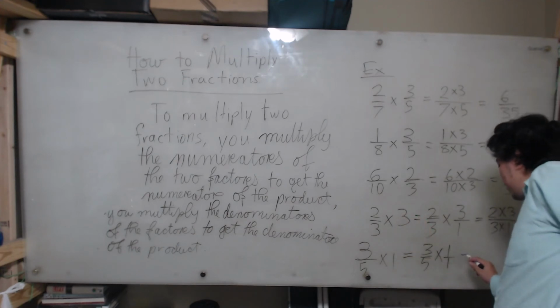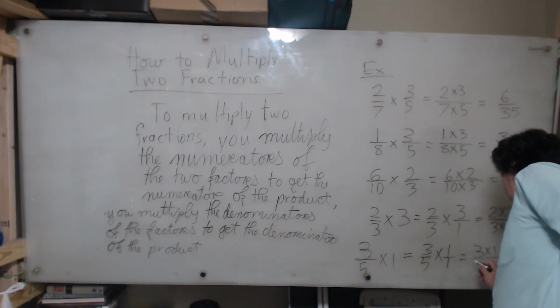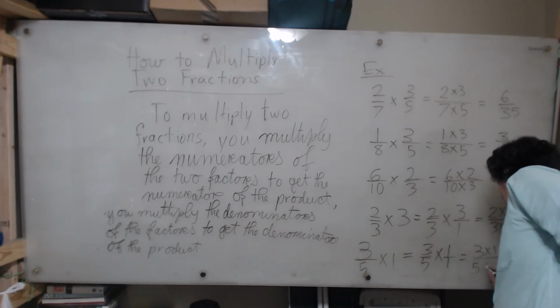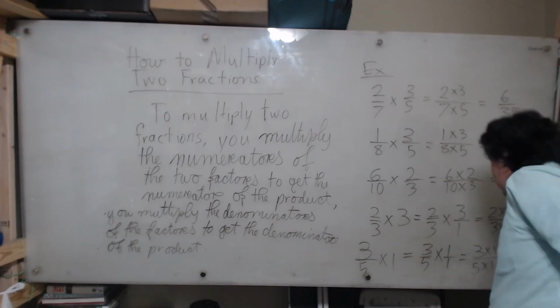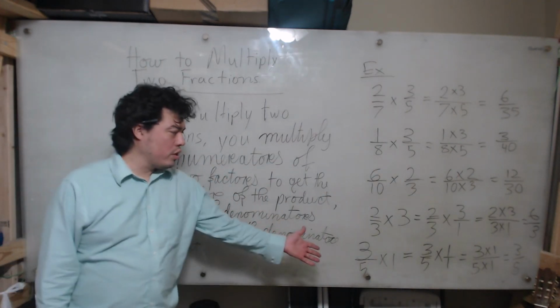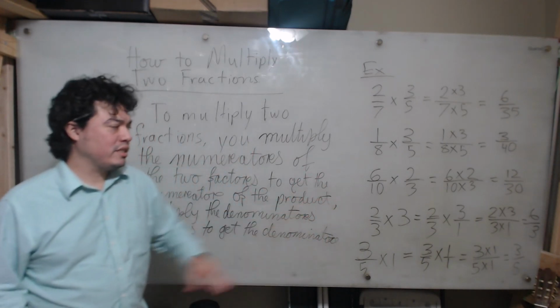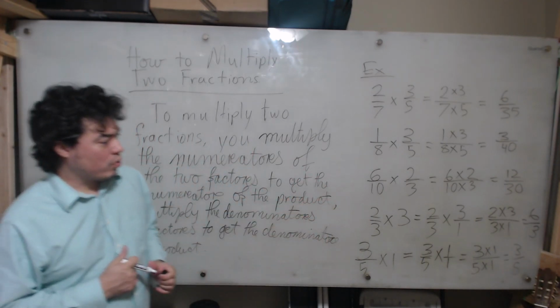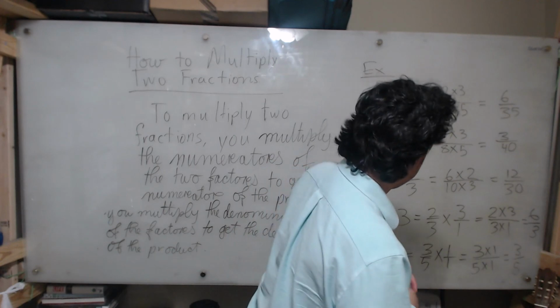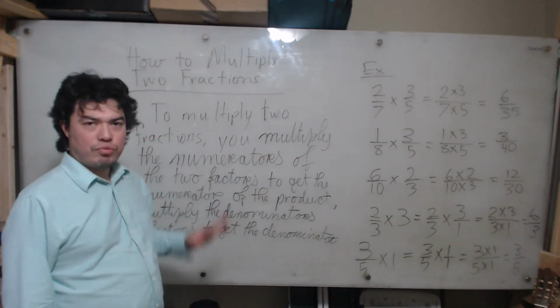But now we see in fact that 3 times 1, which is the numerator of the product, divided by 5 times 1, which is the denominator of the product, will in fact give us 3/5. So using the two rules, we're able to show that this is consistent. So these two examples show us that this is consistent with what we're expecting. Okay. And so this will be enough for now.